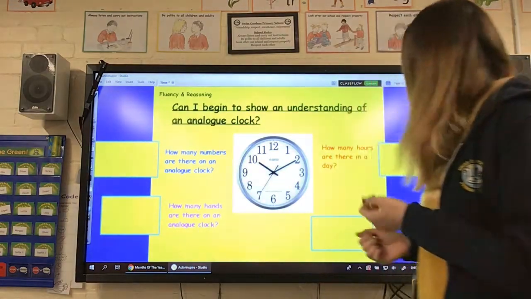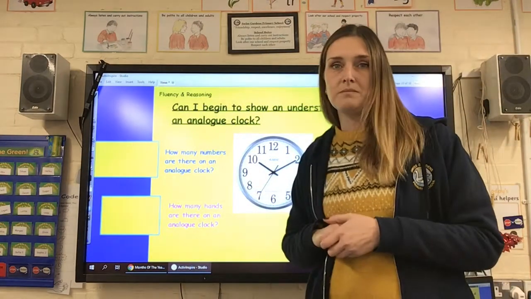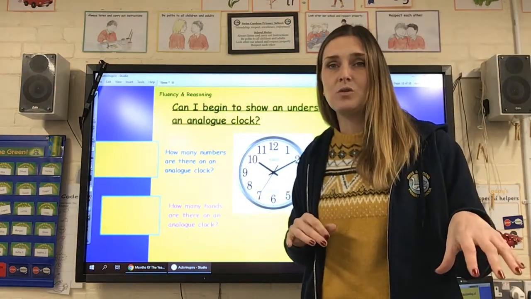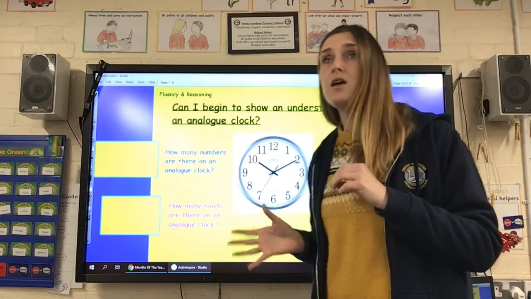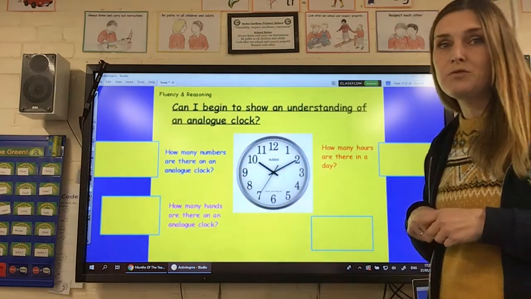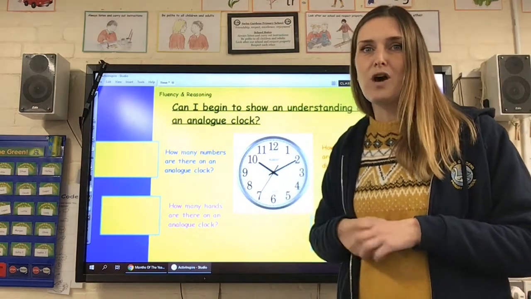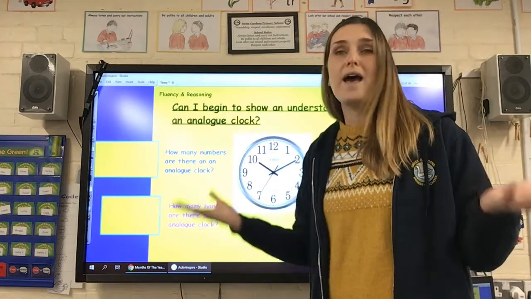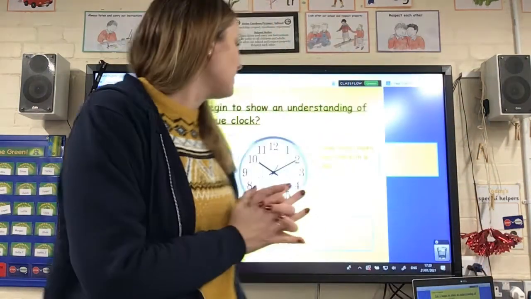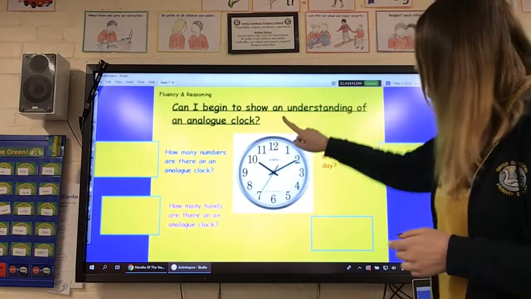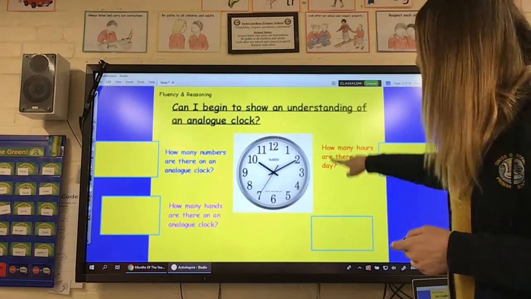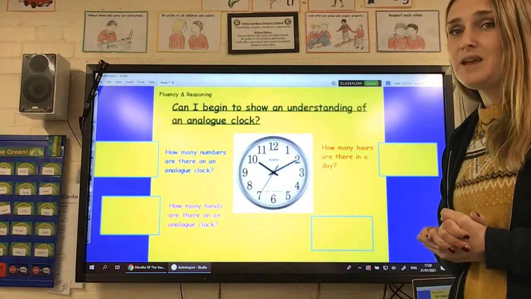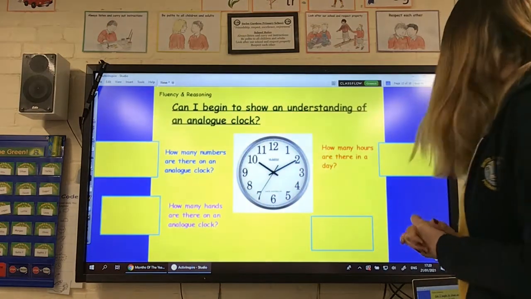So there's also maybe an 8 o'clock, maybe when you are in bed or going to bed in the evening, but there is also an 8 o'clock in the morning, hopefully when you're eating your breakfast or you're up getting ready for school or whatever you're doing at home at the moment. So those hours are counted twice on an analog clock in a day because there are 24 altogether.